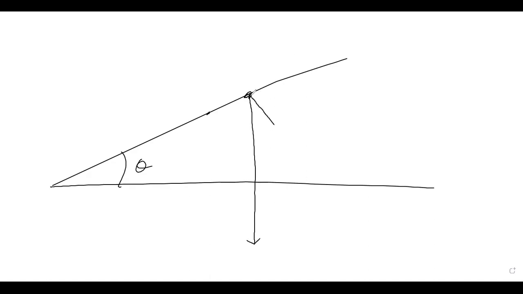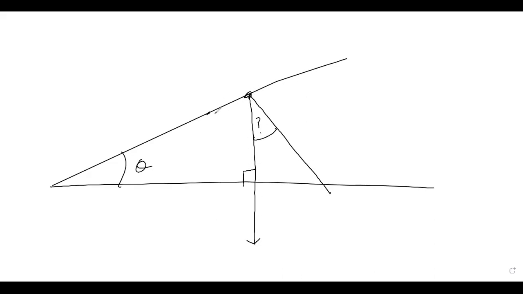So what is this angle there going to be? The idea is that this is 90 degrees there, because you've got a horizontal base perpendicular to this vertical weight.